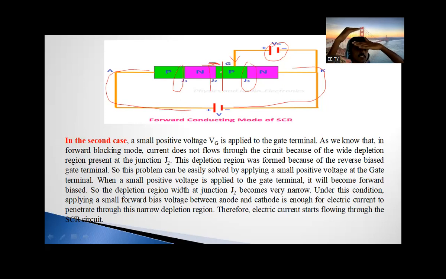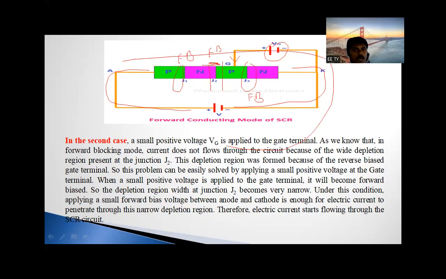Then junction J2 also becomes a forward biased junction. Now J1 is forward biased, J2 is forward biased, and J3 is forward biased. So all three junctions are forward biased, the gates are open, and there is no issue for the current to flow. The path is provided to flow the current from anode to cathode.